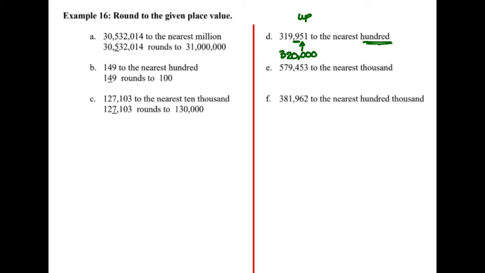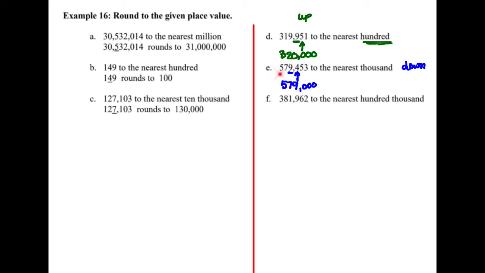Okay, E, round that number to the nearest 1,000. So 9 is in the thousands place, but this time the number after it is a 4. 4 is in the lower half of the numbers, so it's going to round down. Okay, so to do that, you leave the underlined number exactly how it is and change everything else to zeros.